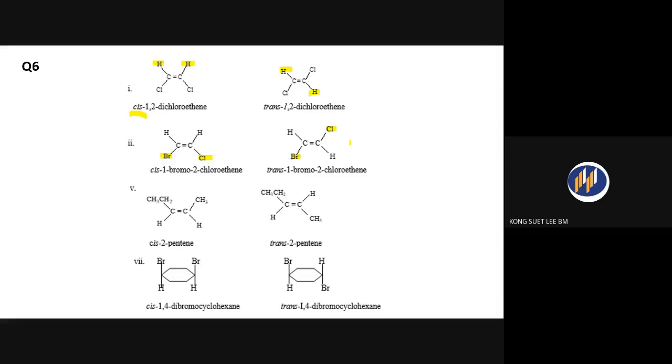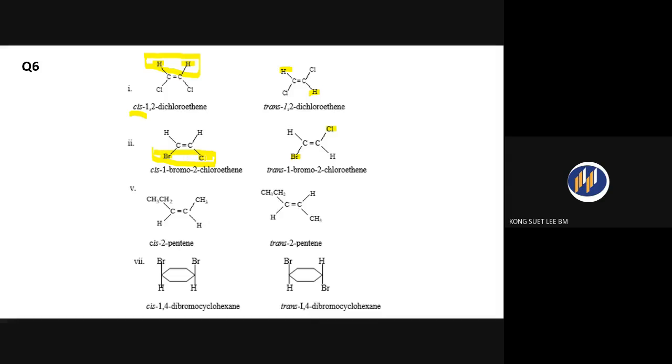So I think now you should know what is the difference between trans and cis. Cis is the side with 2 similar atoms or groups of atoms. So for example this one, you might tell me, oh madam, bromine and chlorine are different. Actually, if you compare bromine and chlorine with hydrogen, bromine and chlorine are heavier in terms of molar mass.